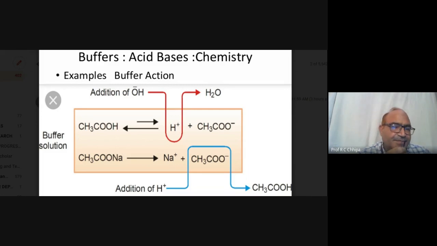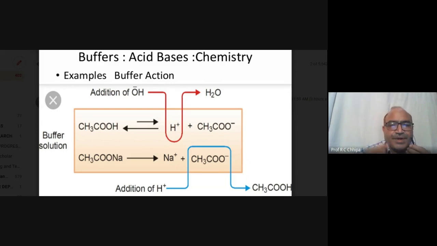Now we can say how the action happens on addition of a strong base. A strong base gives hydroxyl ion concentration, with more and more dissociation.